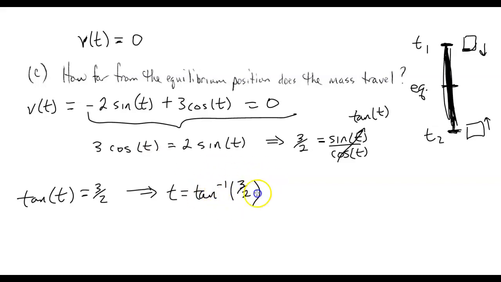Now, in general, these are going to be all of the times that this particular mass here actually stops, so basically the times when it's going to be the furthest from equilibrium. And so we know this where n is going to be some integer here.